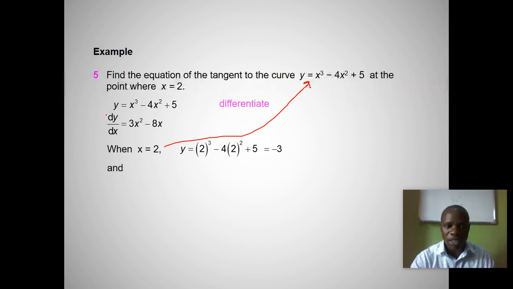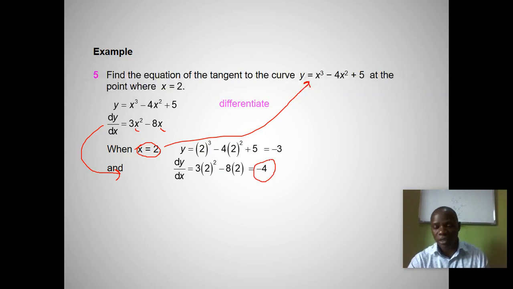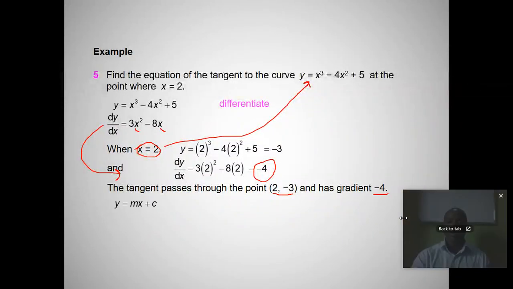Now we go back to this one. We want to solve here now to know what the gradient is. So the gradient is found by putting 2 where x is. We put the 2, which is x is 2, and then the answer is the gradient. So the gradient is -4. So now y is equal to mx plus c becomes easy because we know our coordinates and we also know the gradient, and therefore we put this together in y is equal to mx plus c.